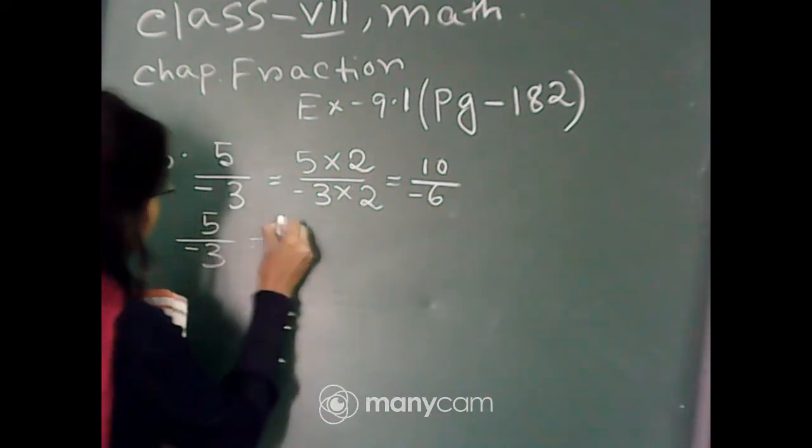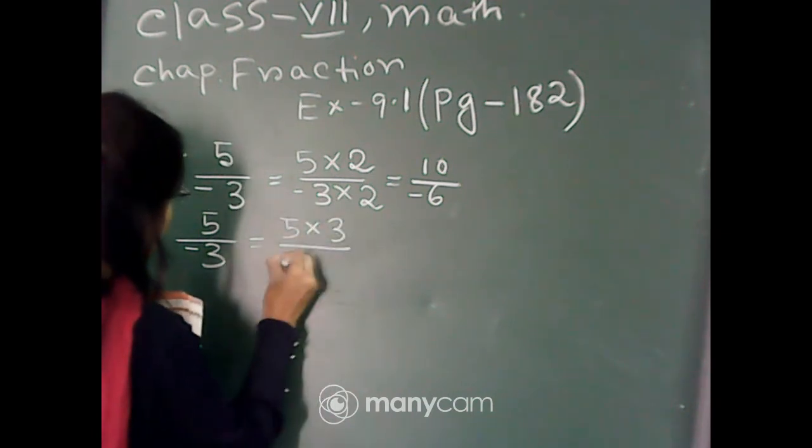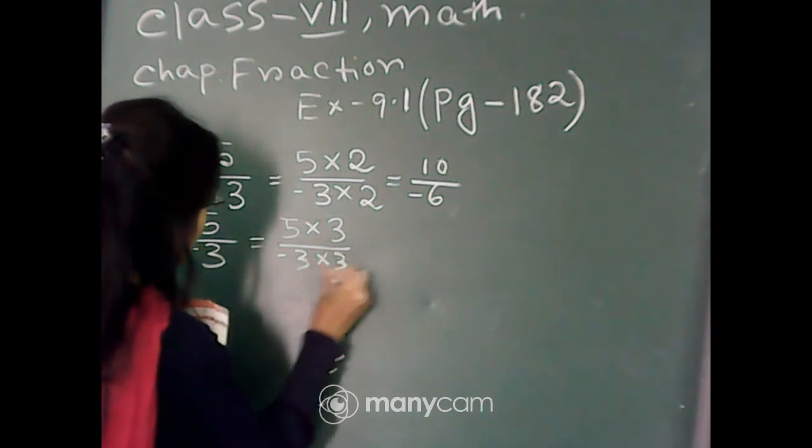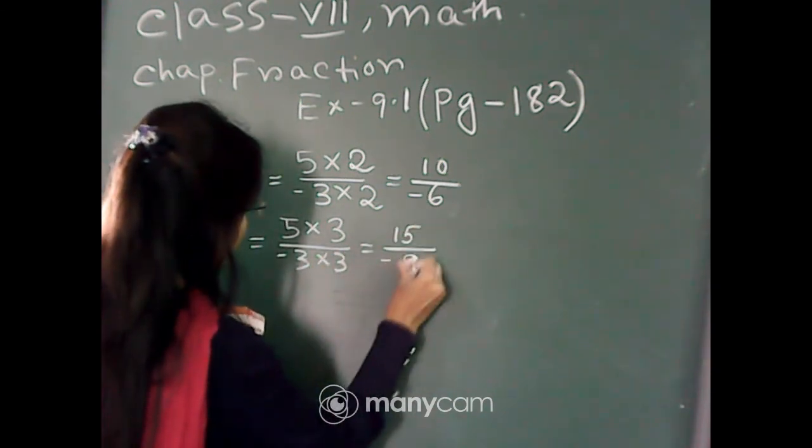Next we multiply both the numerator and the denominator by 3, and we get 15 divided by minus 9.